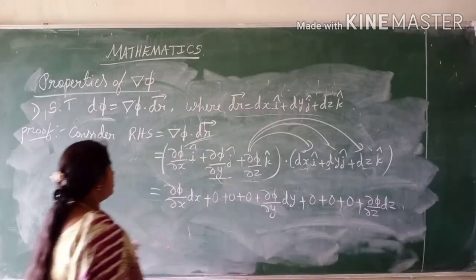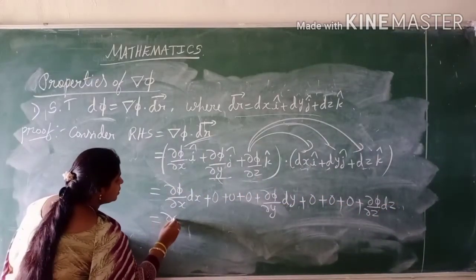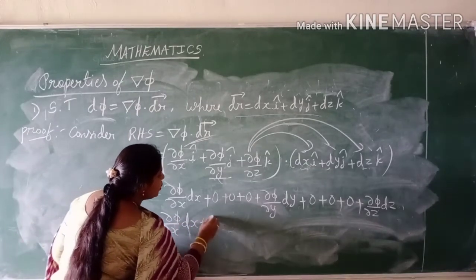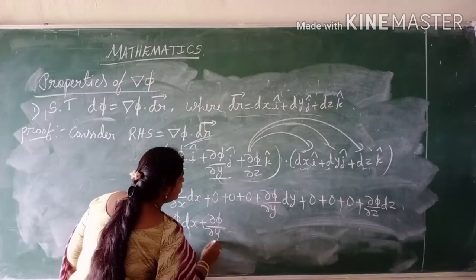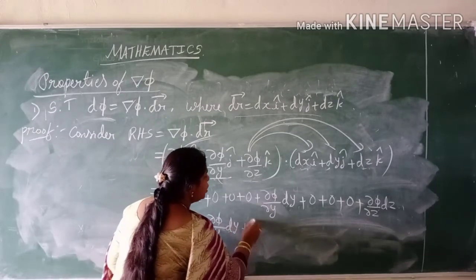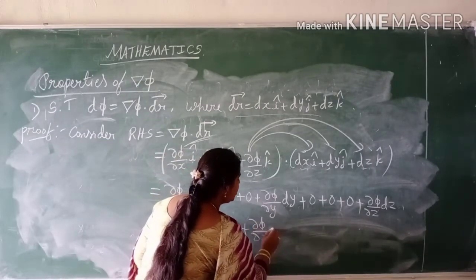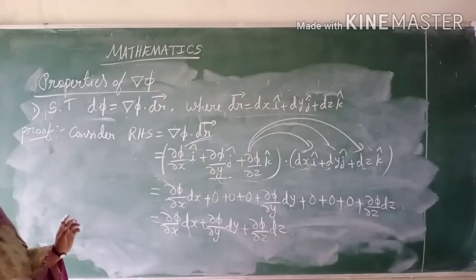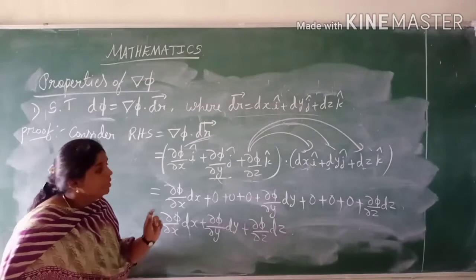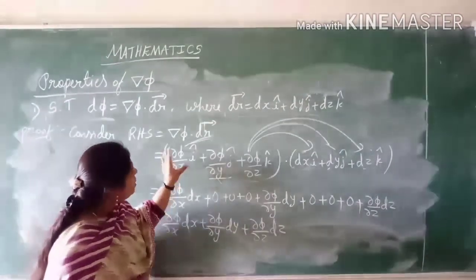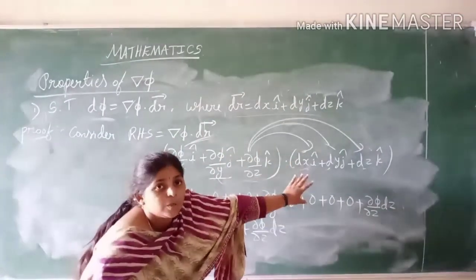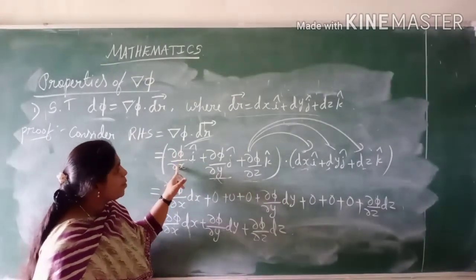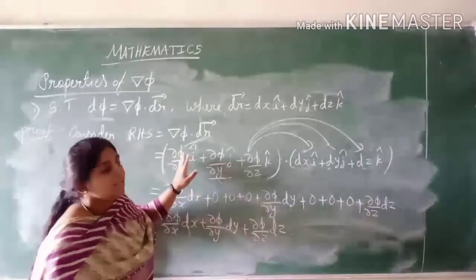Then write down the quantity: dou phi by dou x into dx plus dou phi by dou y into dy plus dou phi by dou z into dz. While finding the dot products, please keep this point in your mind: only the like coefficients will give a value. Dou phi by dou x into dx, multiplied with i dot i, is 1.